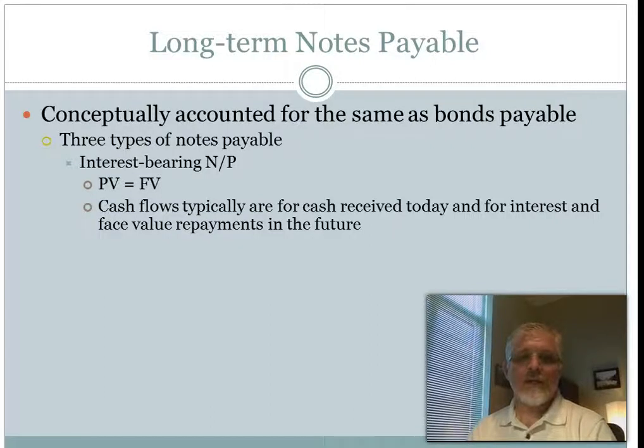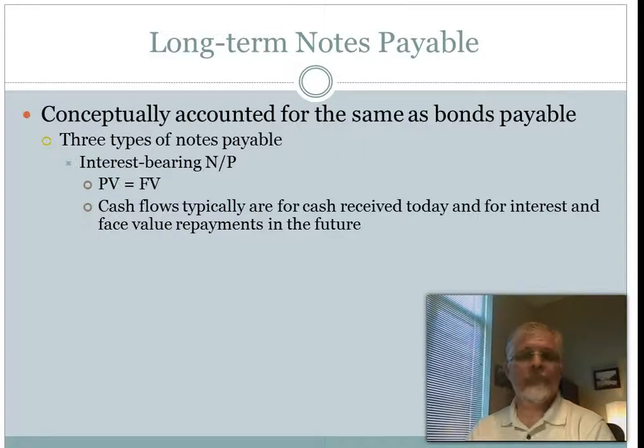Now, traditional interest-bearing notes payable are occurring less often in business today, but they still do exist. It is possible for a financial institution or other lender to write a note payable with a stated rate of interest.